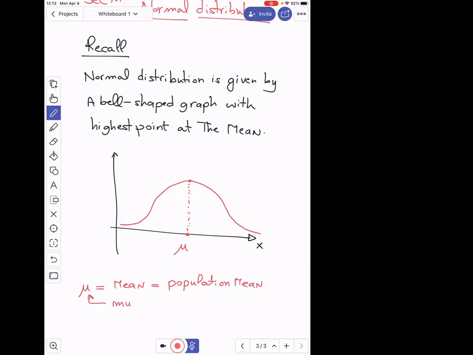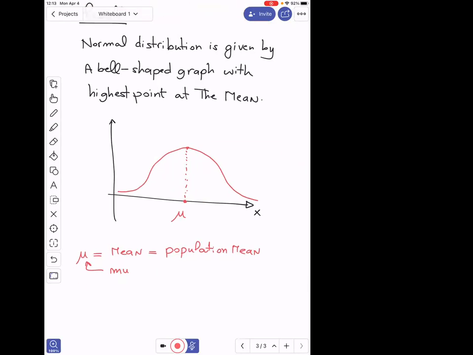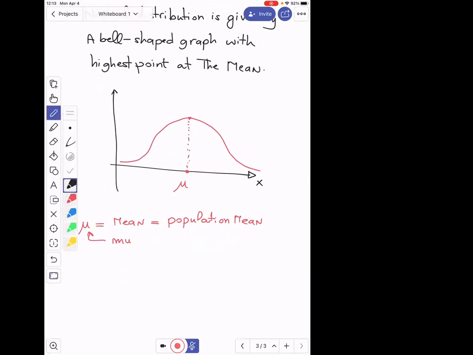All right, and the idea is, if you want to find the probability that x is less than some number, well, before that, let me remind you that the area under the whole graph is supposed to be equal to 1, or 100%.